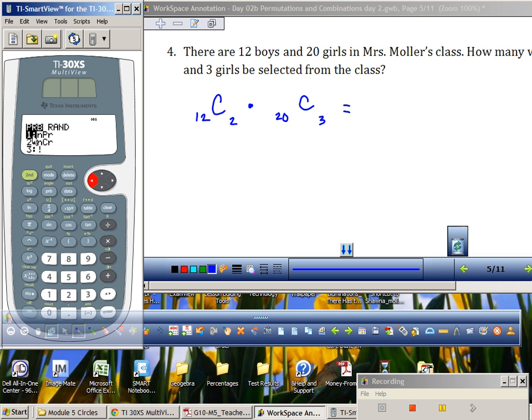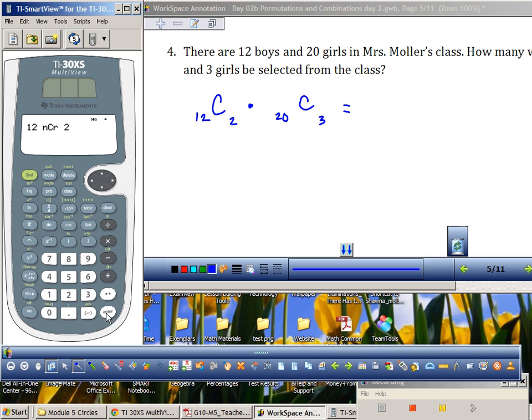This one doesn't work that way, but this one happens to be where I have to plug in numbers. So if I want nCr, then I need to push 2, and that tells me 12 combination. Now I just need to put my 2 in there, 2, and then I'm going to hit enter. And I get 66.